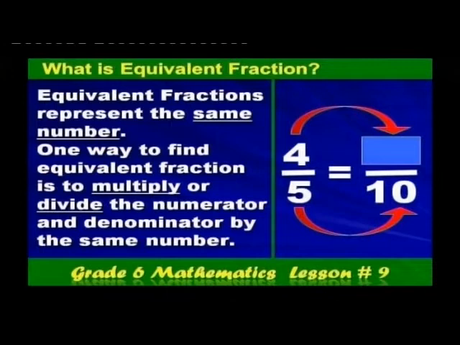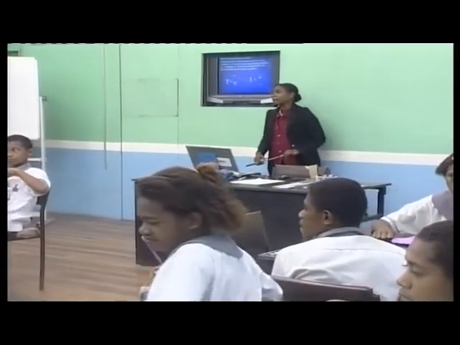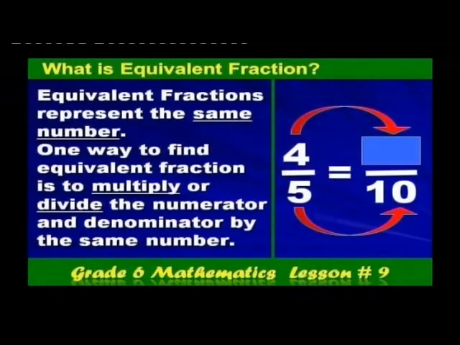Good try, Robert. Any other answers? Okay, let's have our other friend there. Multiplication. Okay, thank you, Lorraine. We multiply. For this case here, 5 to the other number, we use the operation which is multiplication.